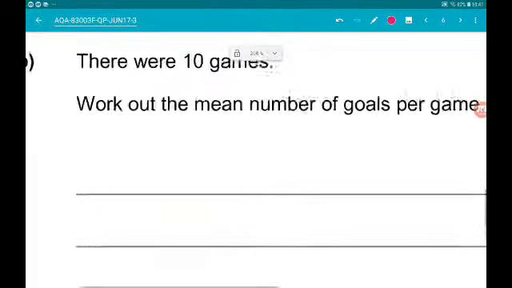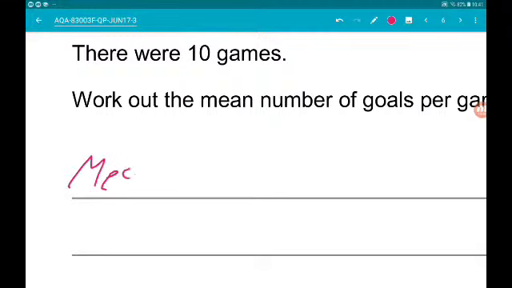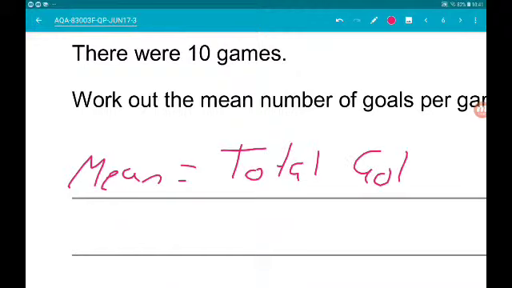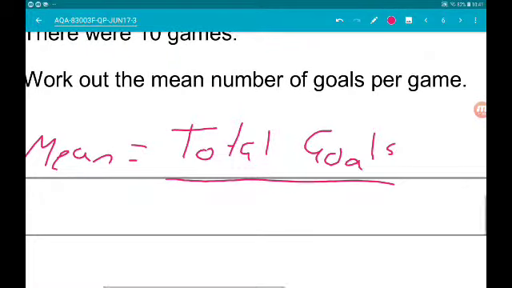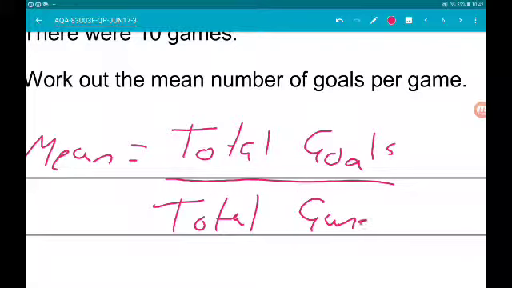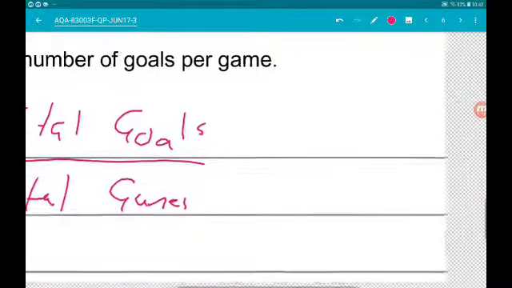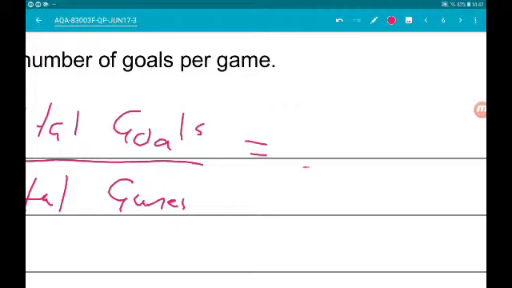Okay, so the mean is going to be the total goals, can't spell, total goals divided by the total number of games. Okay, so we know total number of games is 10.